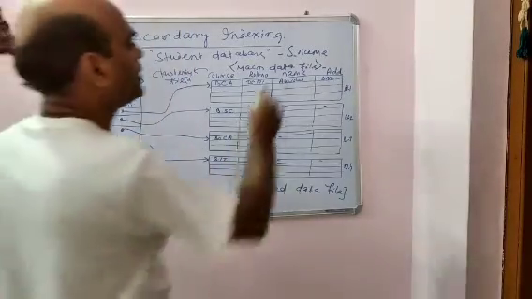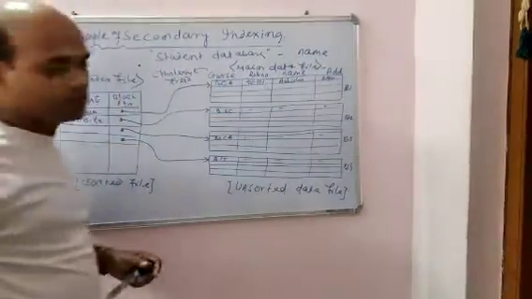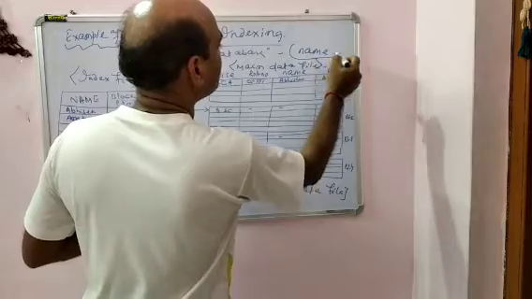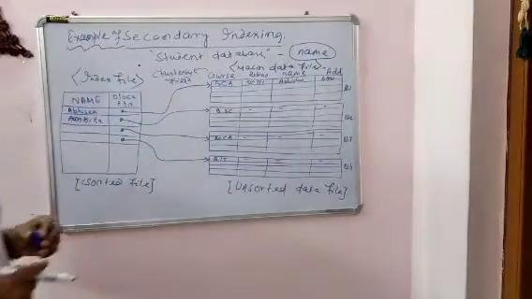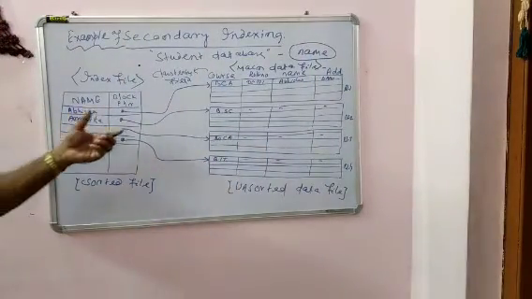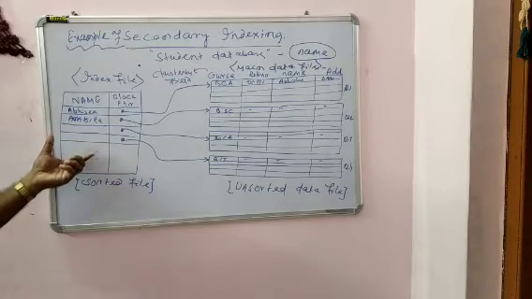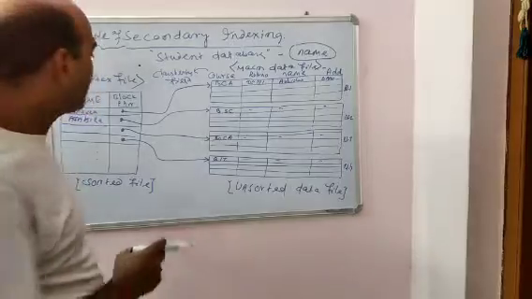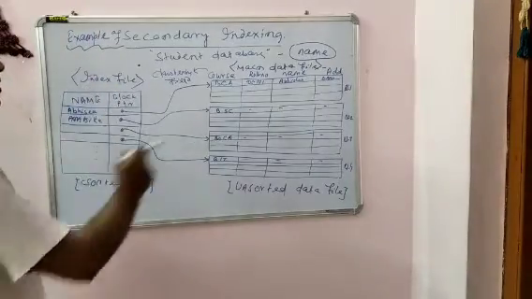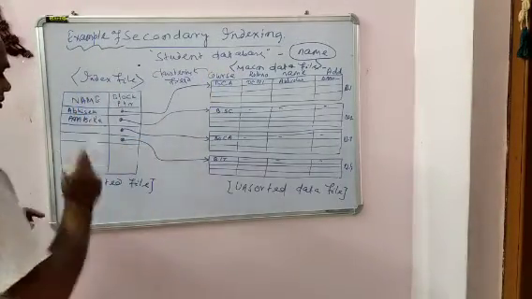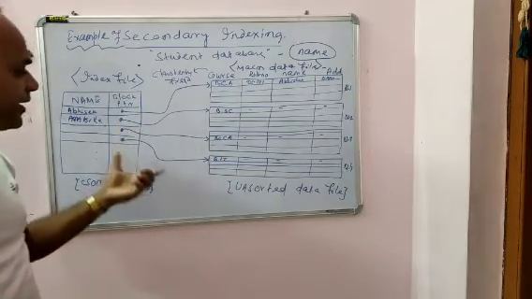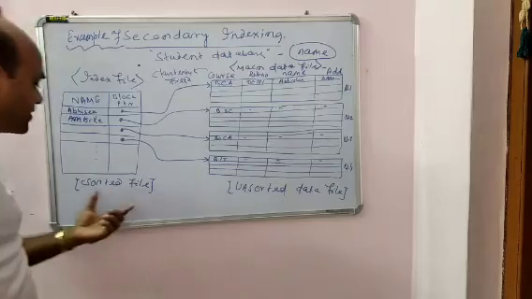So this name field is the index field. So in the main file, course is the cluster field, and in the index file, name is the index field. In this way we can create the data file and index file.